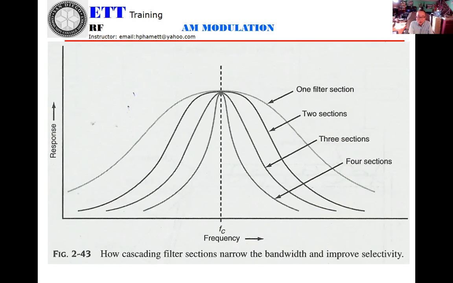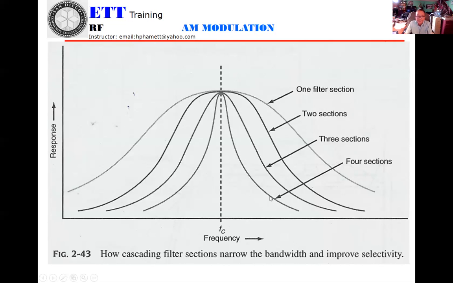Okay? One pole only tells you that in the filter circuitry you get only one R, one C. And 2 will be 2R, 2C, and so on. Okay? So why can we say the 4 sections will be much better than the first one, for example? Compared to the first one and the 4 sections, you say the 4 will be much better.